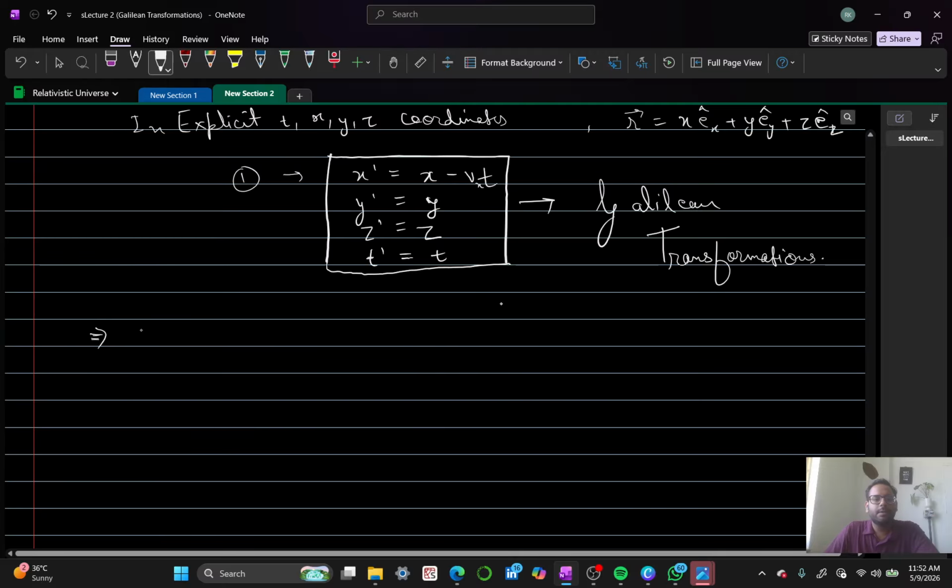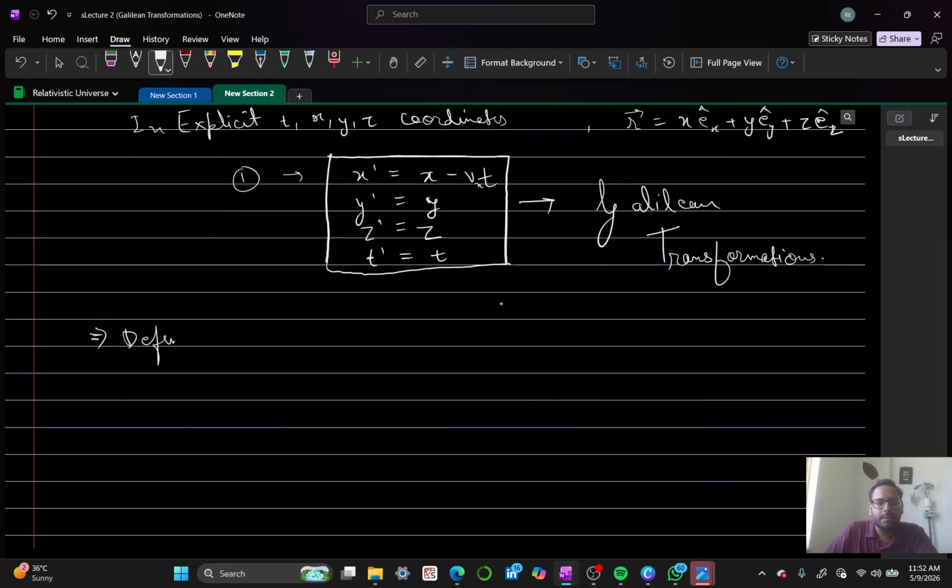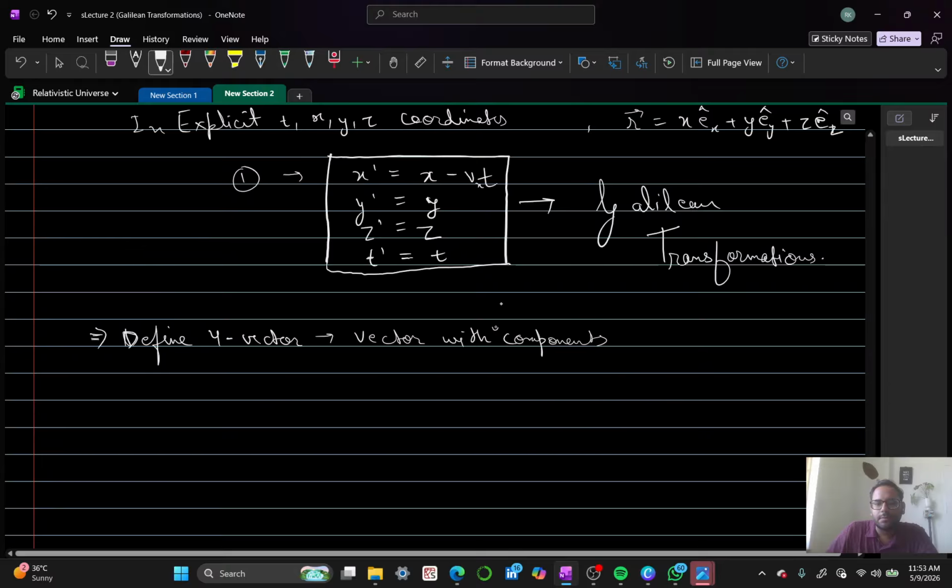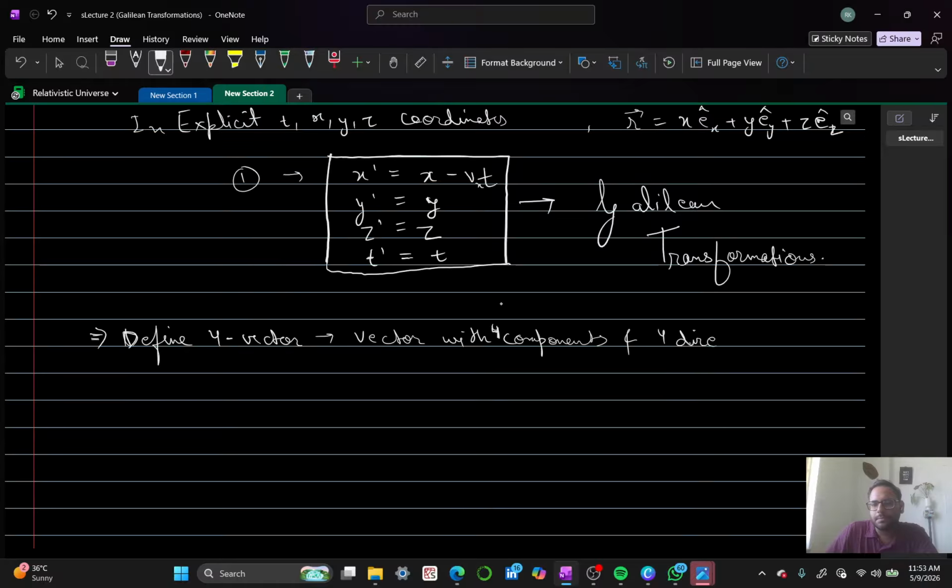From here we can define, in the most basic sense, some four vector notation. A four vector is just a vector with four components and four directions, or say four basis directions.